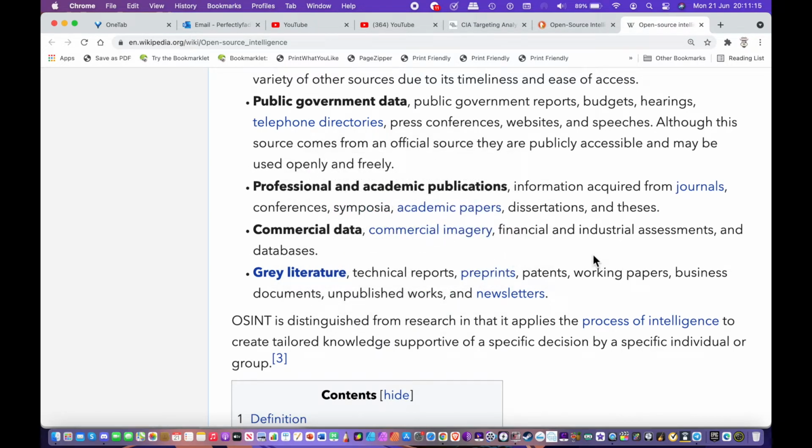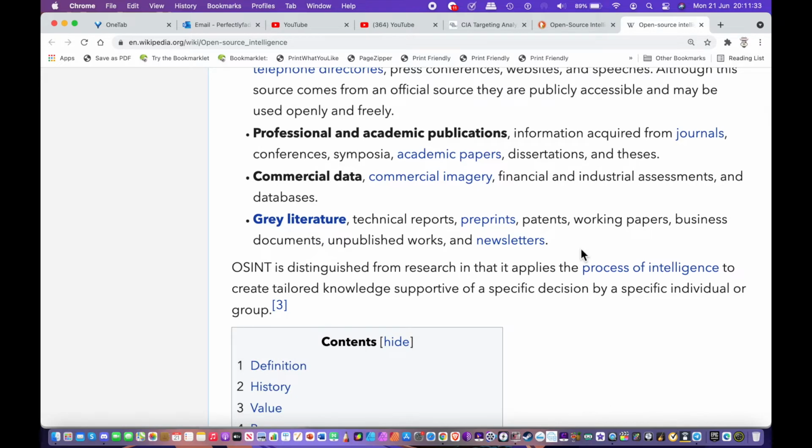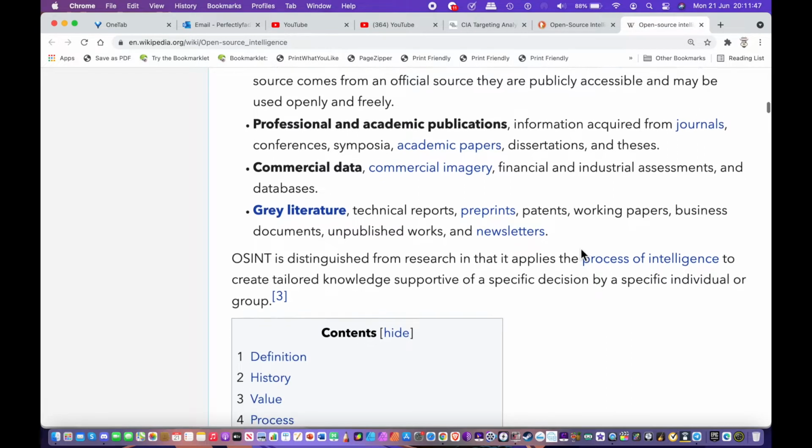Okay, academic papers, dissertations and theses, commercial data, commercial imagery, financial and industrial assessments and databases, grey literature, technical reports, reprints, patents, working papers, business documents, unpublished works and newsletters.